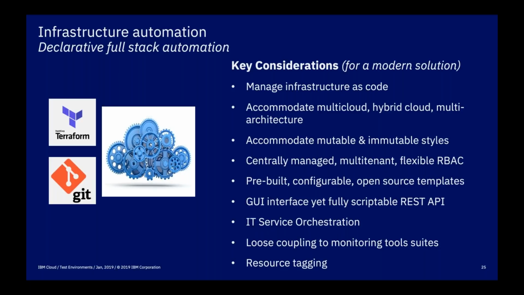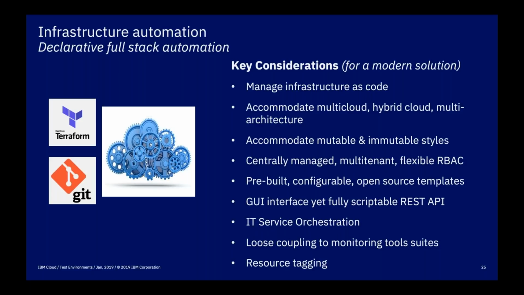This helps with compliance. This helps with sharing environments across your development teams, internationally, so that your dispersed development teams can be guaranteed to get exactly the same environments to develop on.